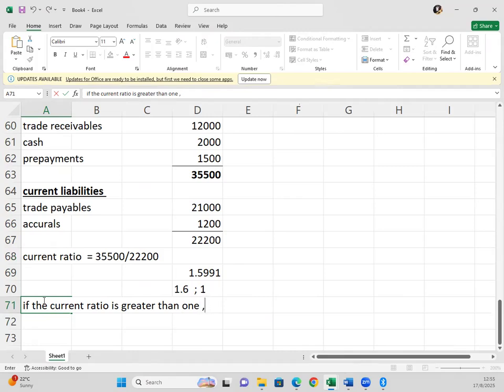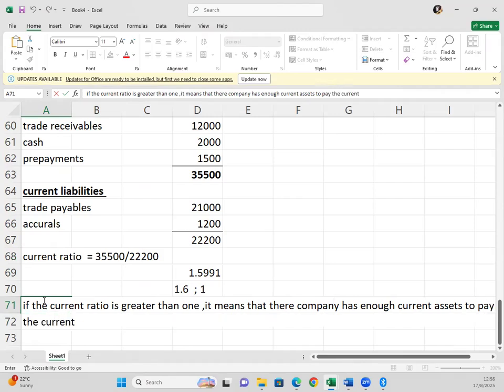It means the company has enough current assets to pay the current liabilities.